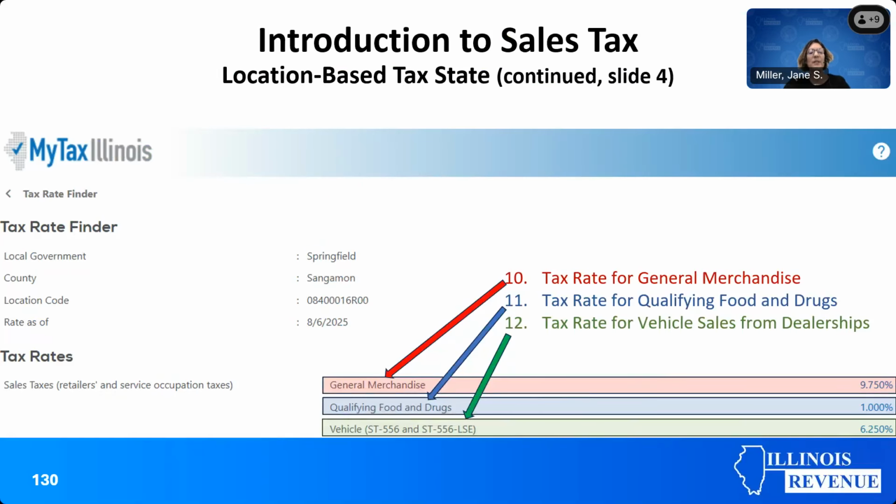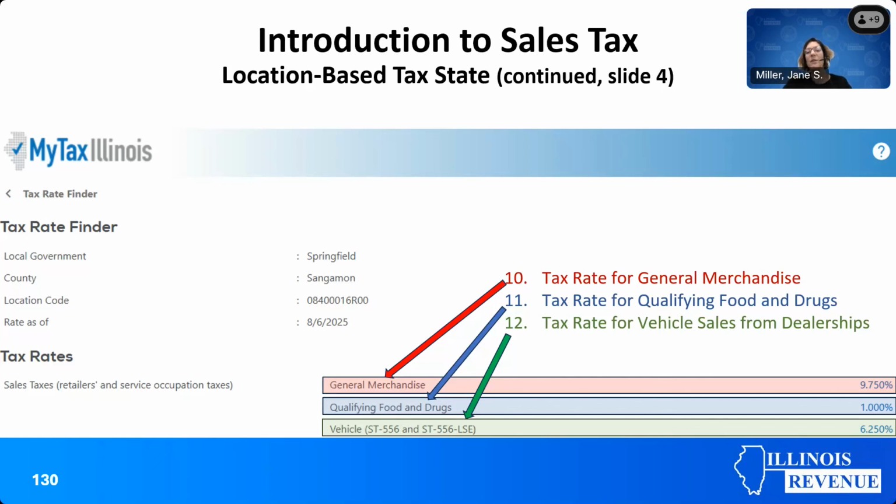I put in the city of Springfield, and this is what came up. First, it shows me the local government. The county is Sangamon County. The location code, which I should have on my ST-2 when I'm filing my taxes, and the rate as of that date. These aren't colorized on your screen when you're looking it up on the tax rate database, but for our purposes, in Springfield, the general merchandise rate is 9.75%.